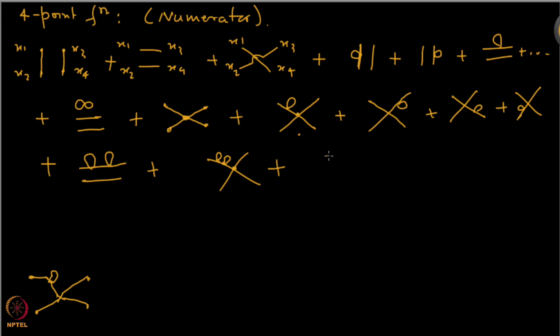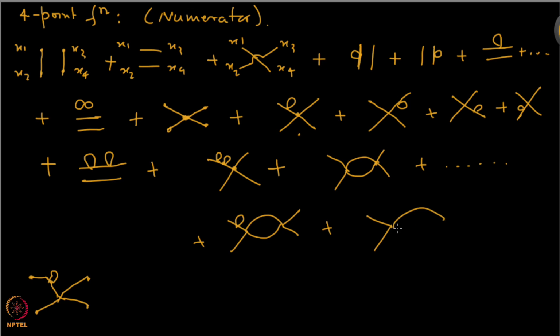And you can have this. I missed this; I should have drawn it at order lambda squared before I drew this. So this is order lambda squared. There are many such possibilities. Maybe one more, I will draw the last one. You can also have this.